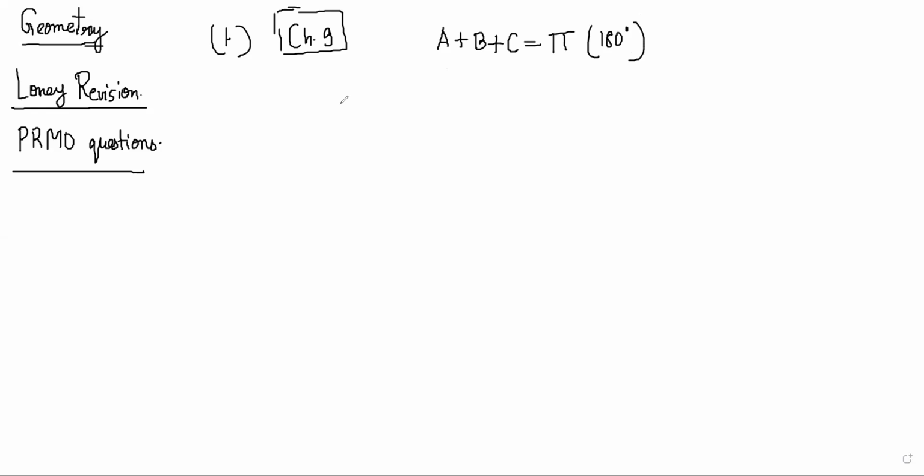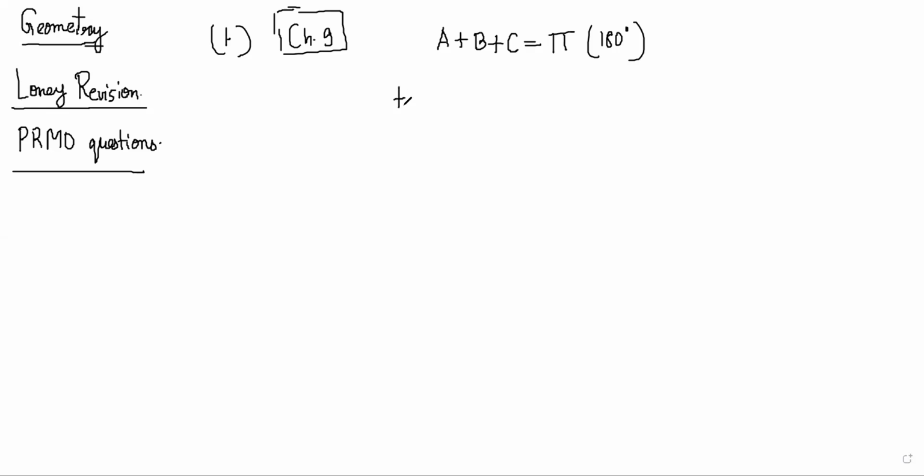SL Loney, so what are the things to remember? Chapter 9, the identities chapter. The things to remember are, if A plus B plus C is equal to pi or 180 degrees, then what are the common standard identities that you need to know for sure?